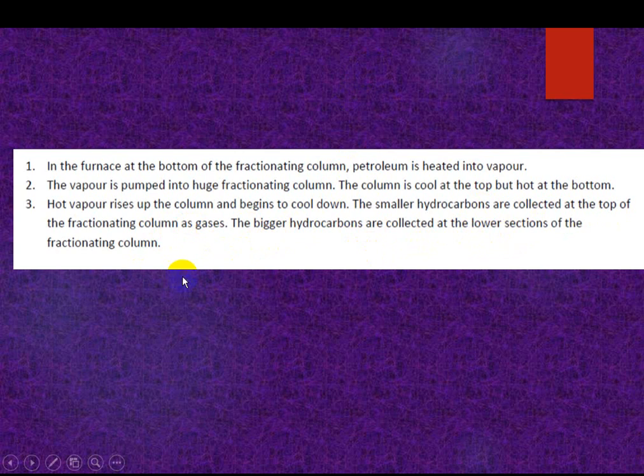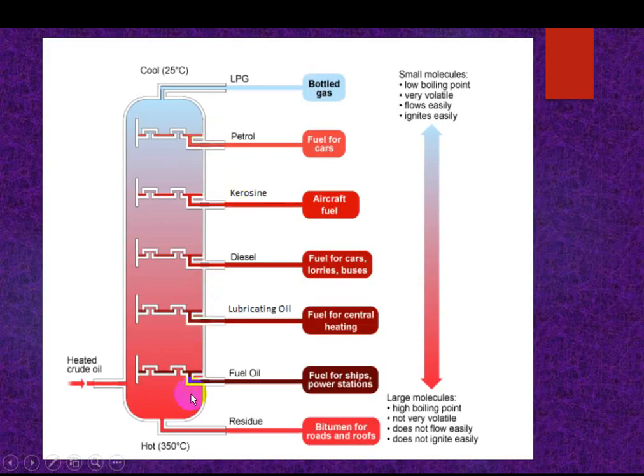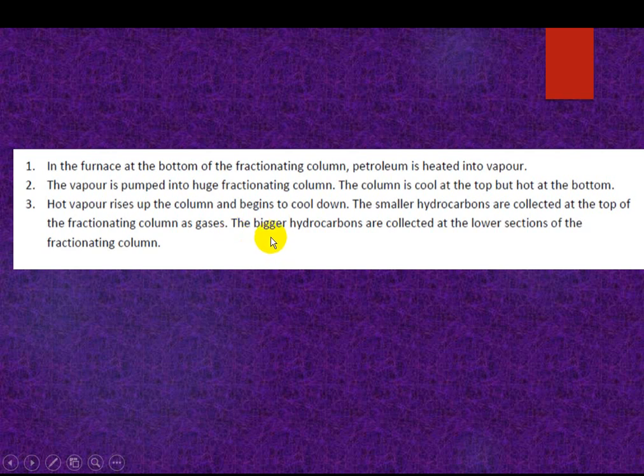Bigger molecules are collected at the bottom, and in this temperature range we collect this petrol fraction. Bigger hydrocarbons are collected at the lower column as a solid maybe.